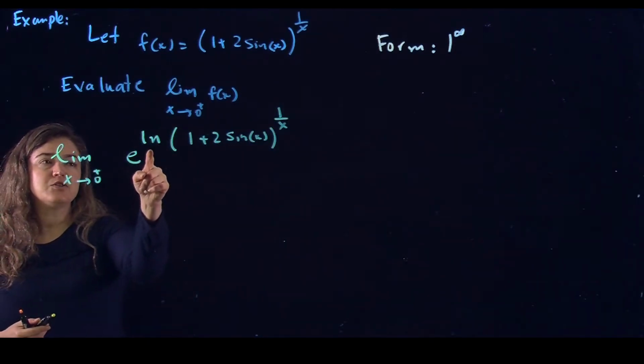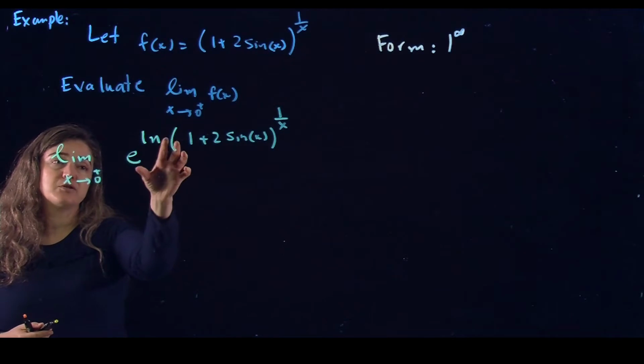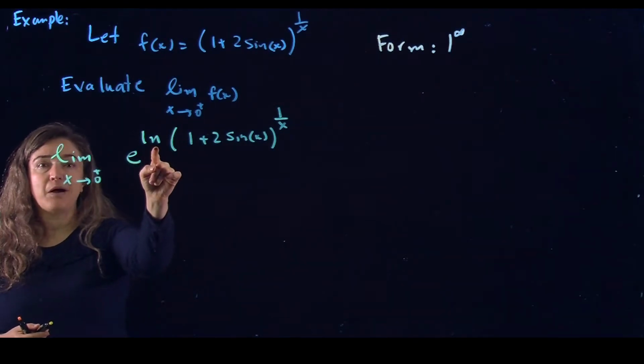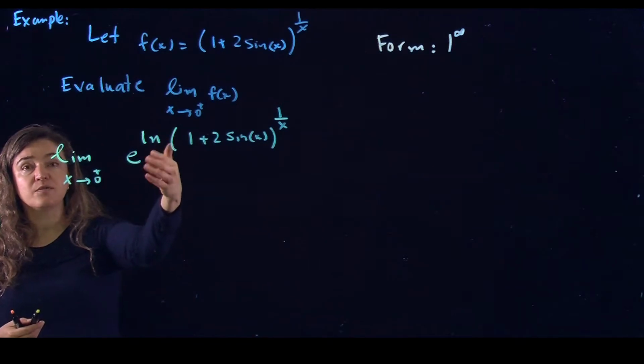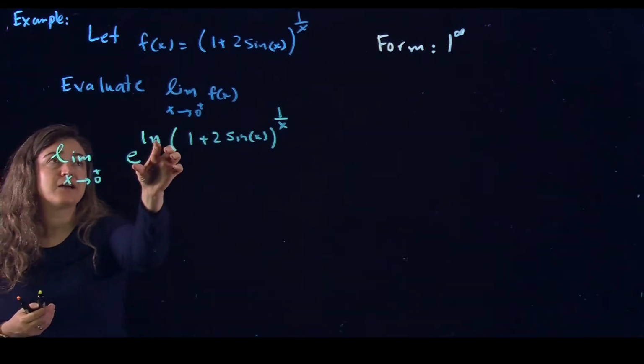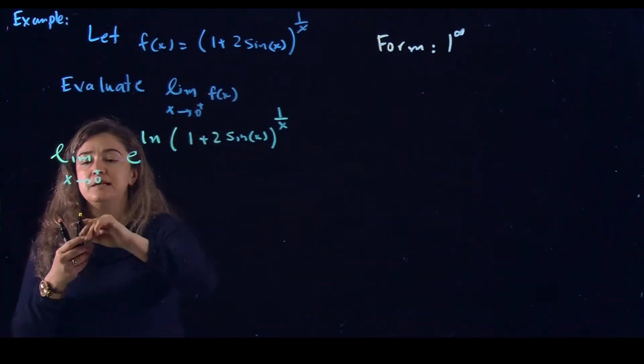This e to power ln, they're inverse functions, and so it's actually not changing the limit at all.